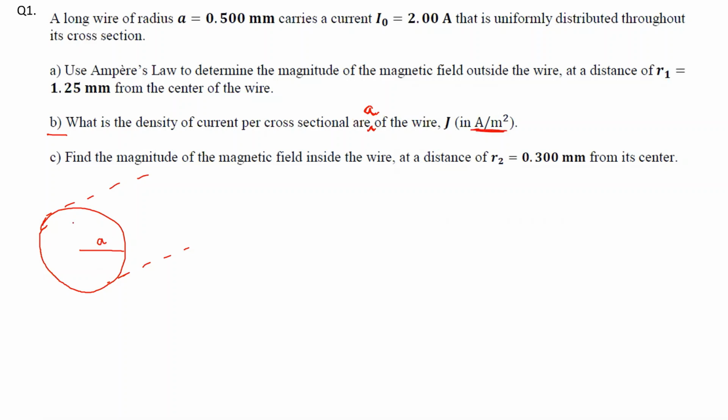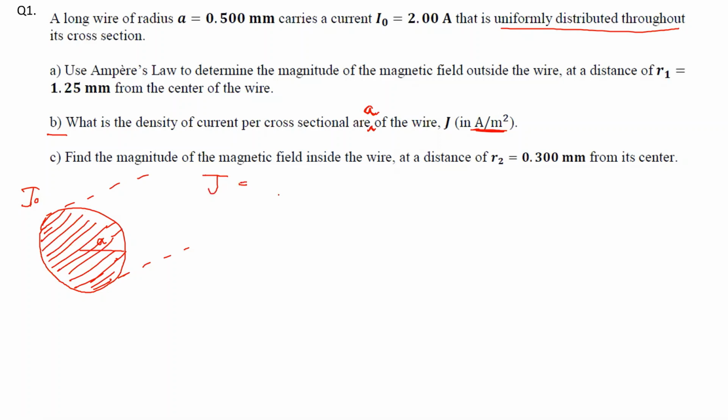We know current goes through cross sections, right? When it goes through the wire, they say current is uniformly distributed throughout the cross section. So here is the cross section, and I naught is evenly spread out. How can you find the density?